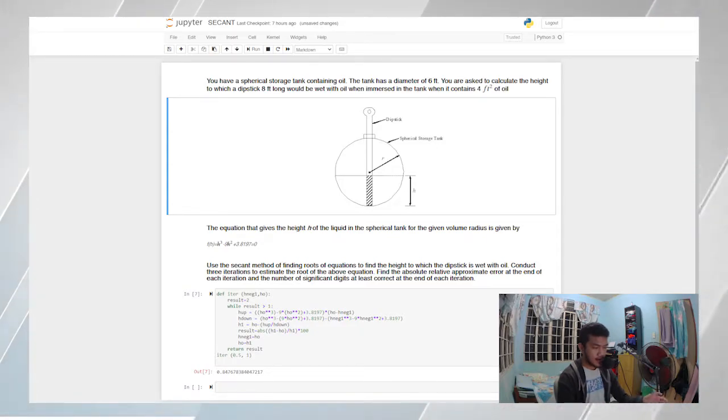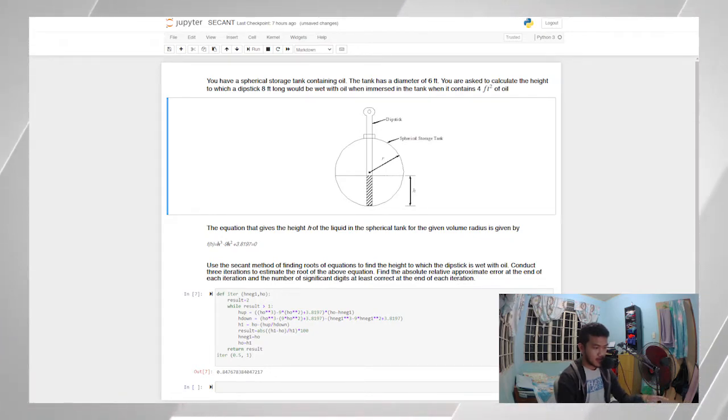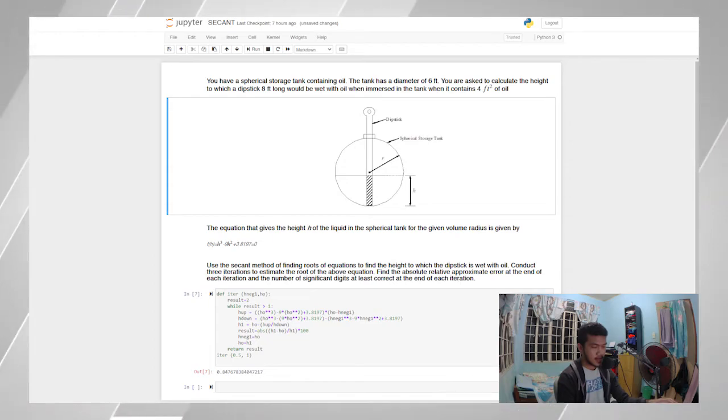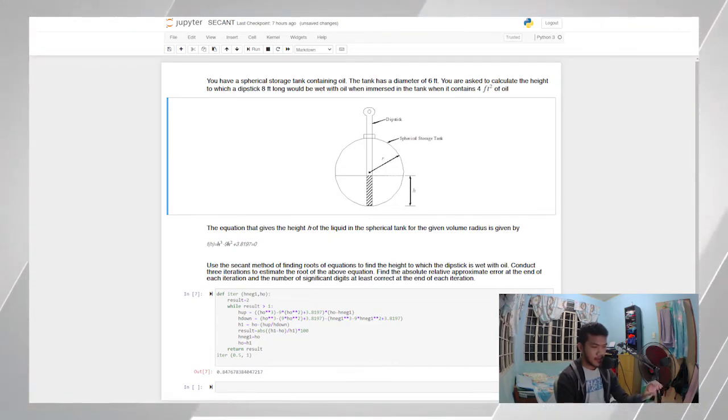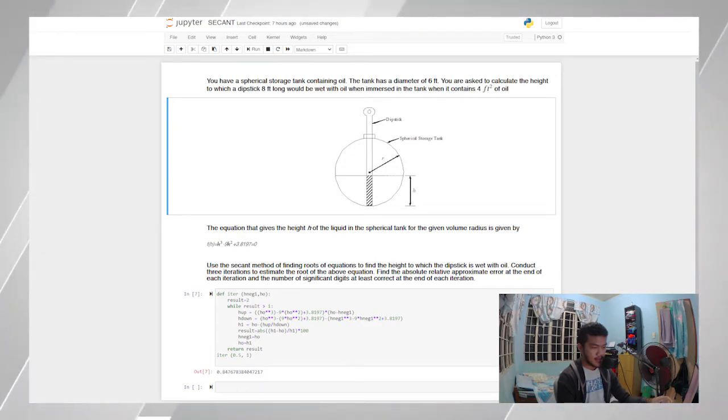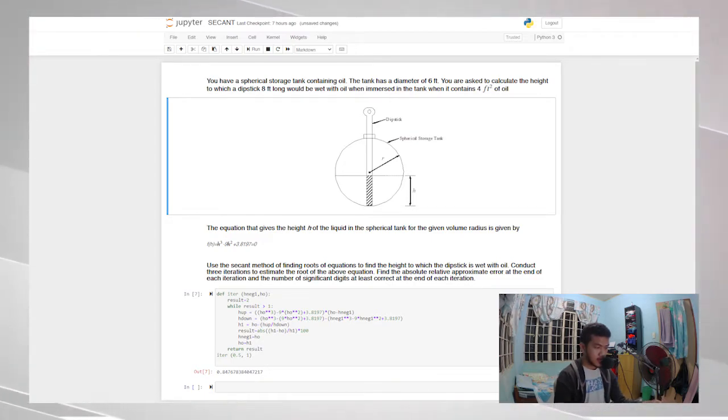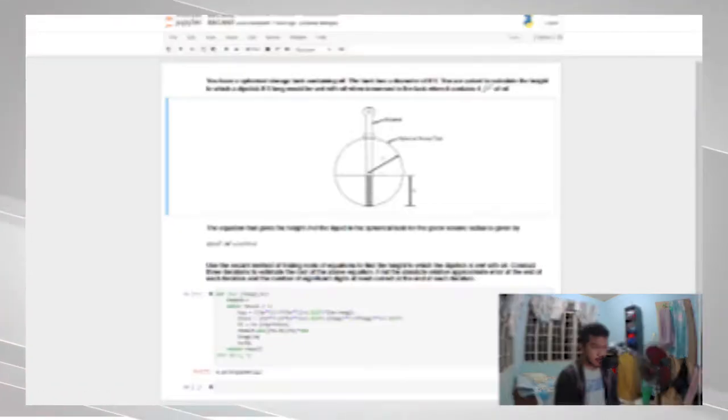So now we have values for h negative 1 and h 0. So there you go. The while statement will repeat until it gets a value of result under 1. So we got here 0.847678.